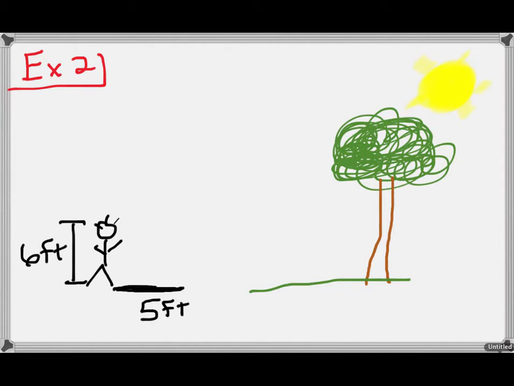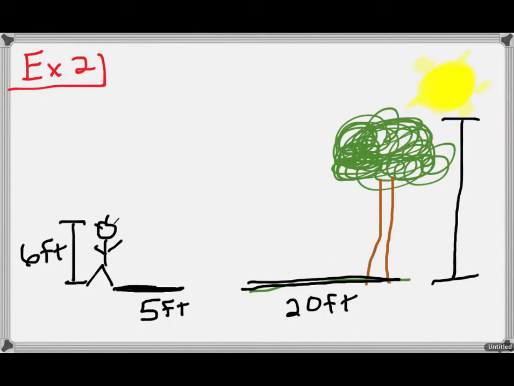At the same time, let's say the tree's shadow is 20 feet. And some of you might have already guessed it. What is the height of the tree? Okay, so we're going to find x, the height of the tree.